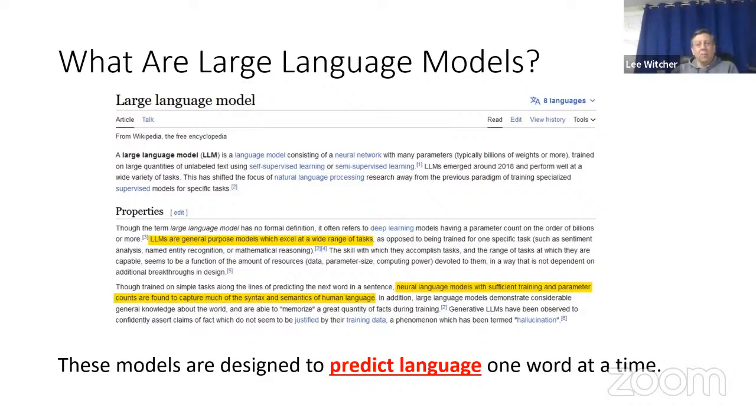So when you give it a prompt, ChatGPT or any of the others, it spits back what it would anticipate a human would respond. It's designed just to make sure that the language is coherent. Now, this doesn't mean that the information that comes out of it is necessarily true or accurate, but it needs to be coherent. So those are large language models.